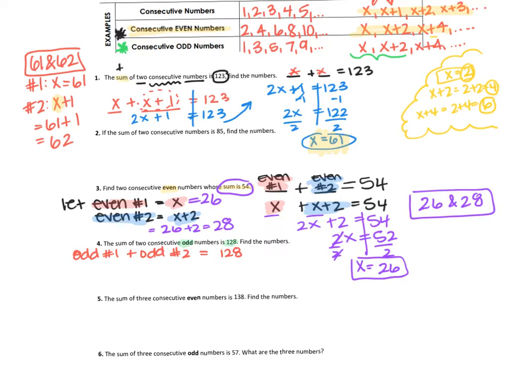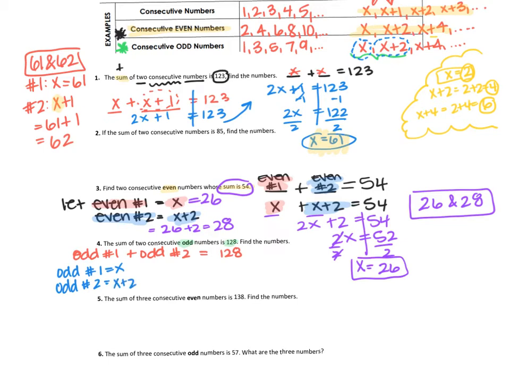So to do this, let's define some variables. We'll say that odd number 1, I'm going to call that just plain old x, right? It's set up here that we could just start with x. And we'll let odd number 2, it said our next one should be x plus 2.